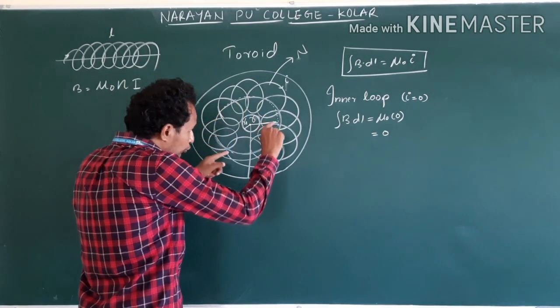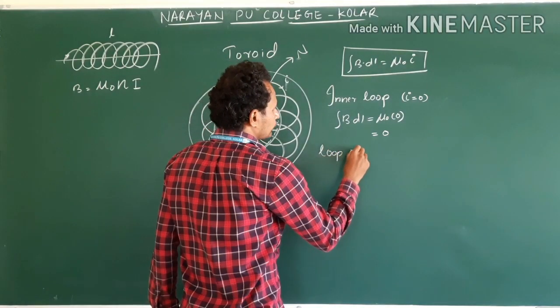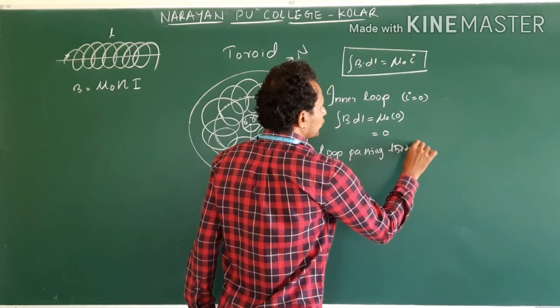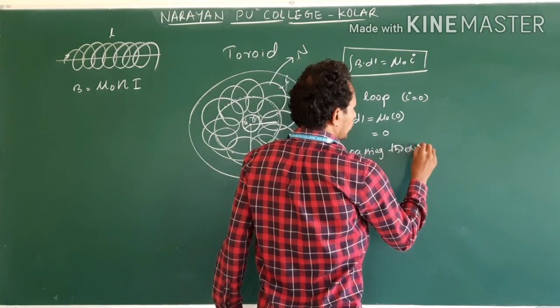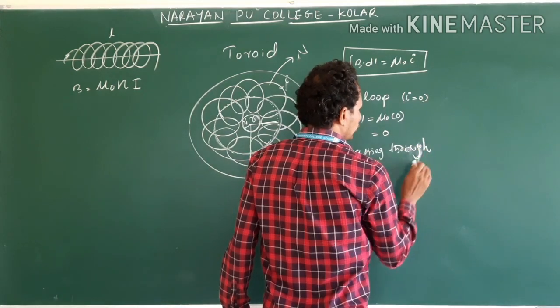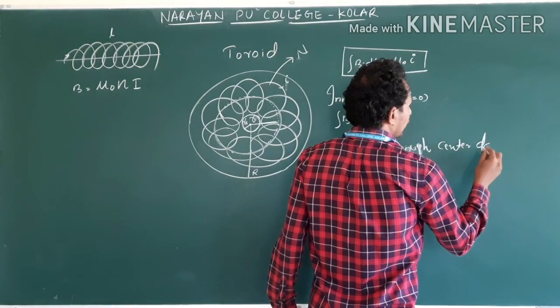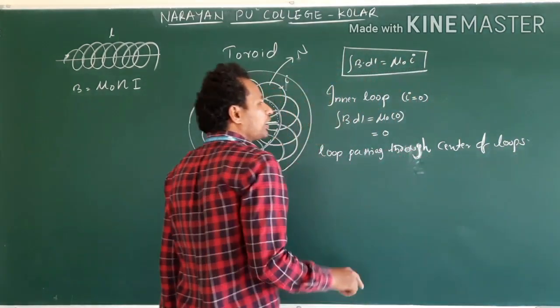Clear? Now next, I am taking the loop which passes through the center of the loops or coils.